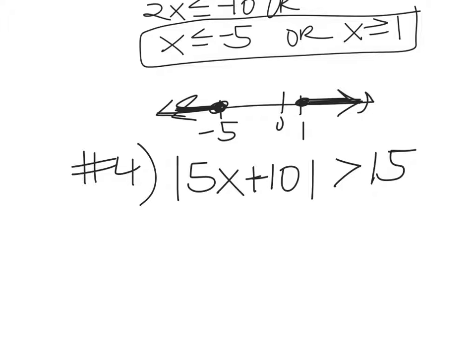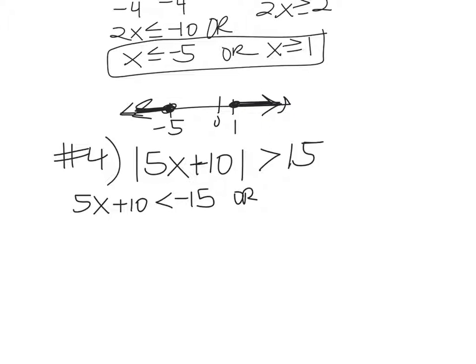Pause it. All right, so I need to set this up as 5x plus 10. This expression inside my absolute value has to be less than negative 15. It has to be farther than 15 away. Or 5x plus 10 will be greater than 15 away. So you got to think about a number line.